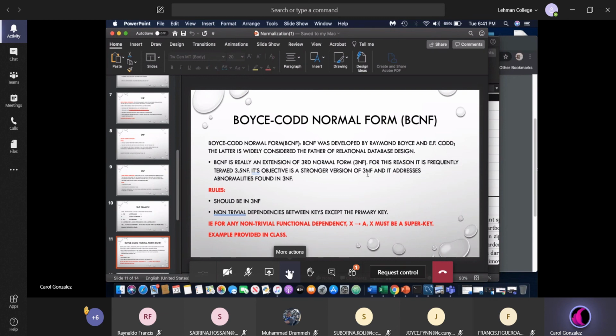It's a stronger version of 3NF that addresses abnormalities that could be found in 3NF, meaning that there are columns we're not thinking of. Things might be repetitive, and we create tables to address those abnormalities. And these tables usually contain many-to-many relationships that are broken down into one-to-many relationships, because we cannot leave things in many-to-many; if we do, we forget columns that we need.